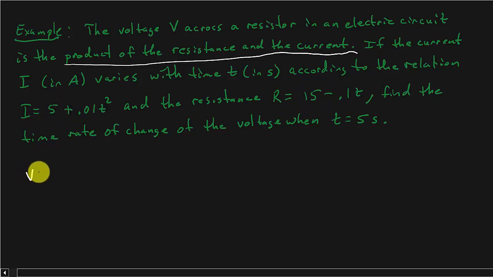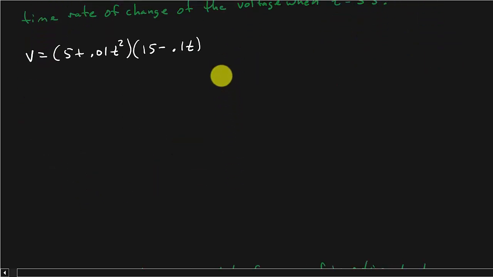And so I get V is equal to 5 plus 0.01 t squared times, that's the current, times the resistance, 15 minus 0.1 t. And no, it doesn't make any difference which one you write first. Okay? All right, so let's take the derivative.